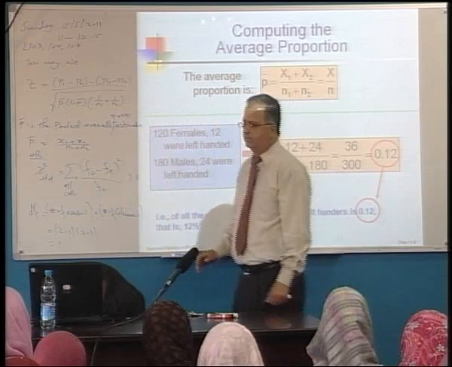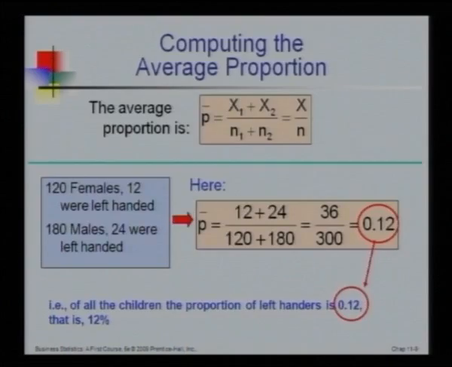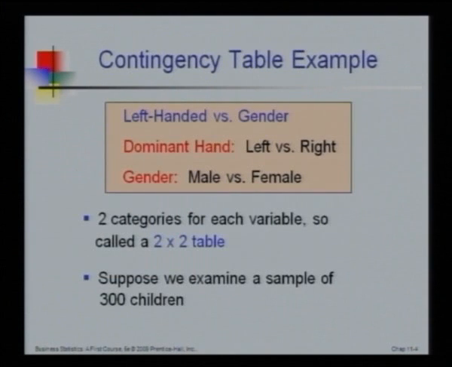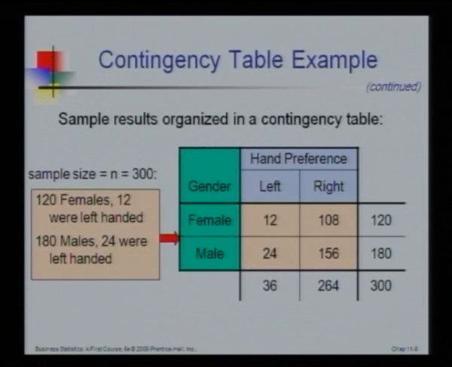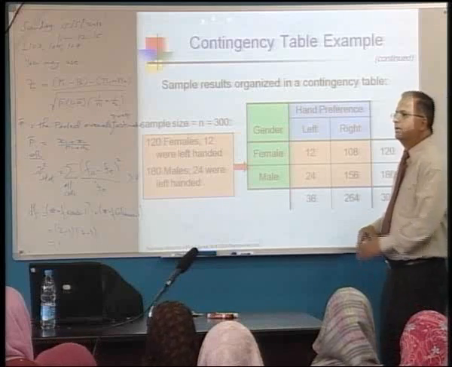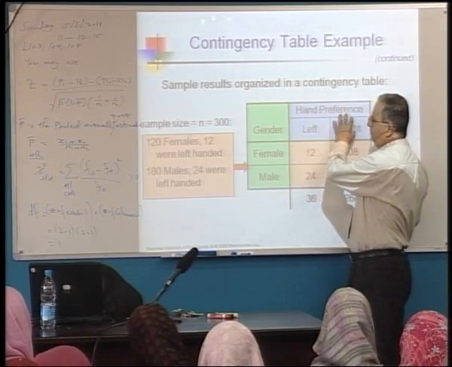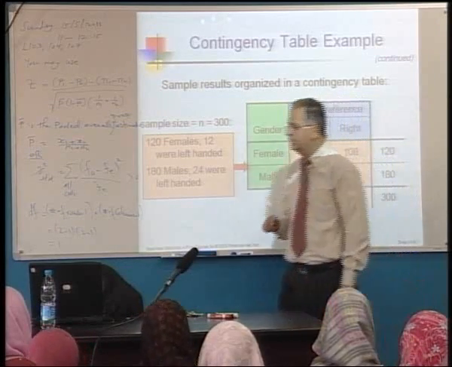If we go back to the previous example we had discussed before, when we were testing gender and left- and right-handers. So hand preference, either left or right. And the question is, test to see whether hand preference and gender are related or not.